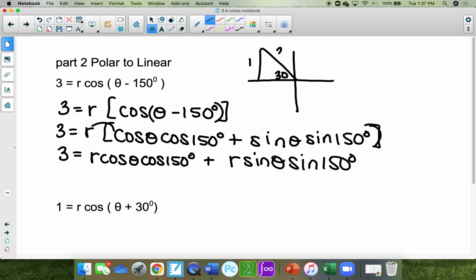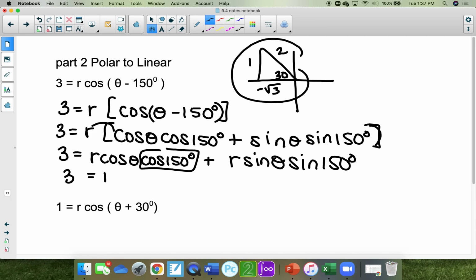This is 1, 2, and a negative root 3. You're going to put a 3 equals cosine of 150. So look up here, the cosine is r cosine of theta times a negative root 3 over 2 plus r sine of theta times the sine of 150, which is 1/2.